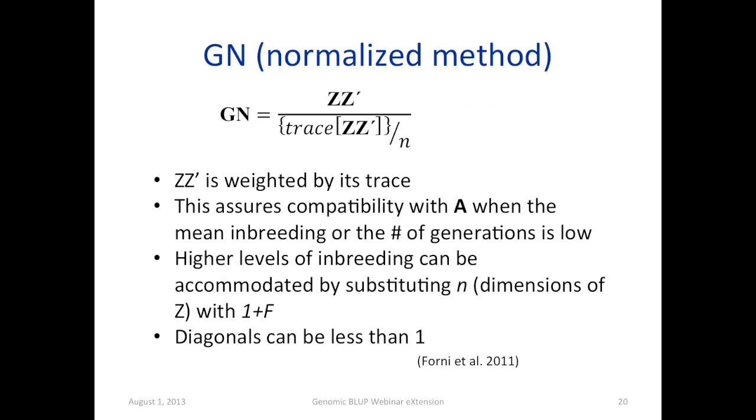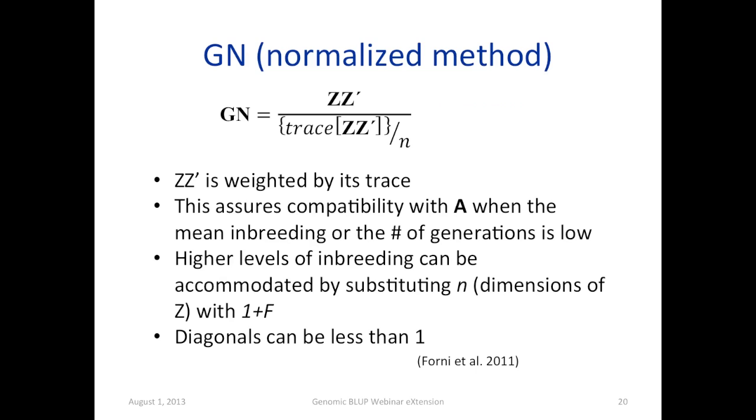And the normalized method, again, the ZZ prime is weighted by the trace of the ZZ prime. So this method makes sure that the outcome is compatible with A, especially when the inbreeding or the number of generations is low.